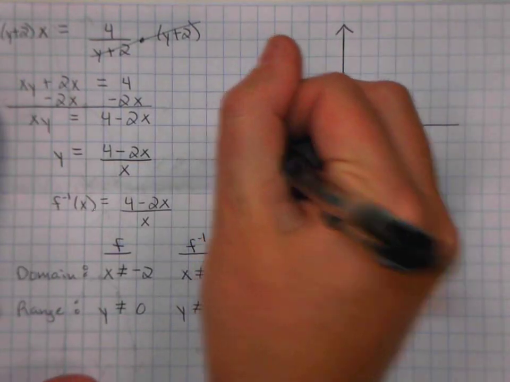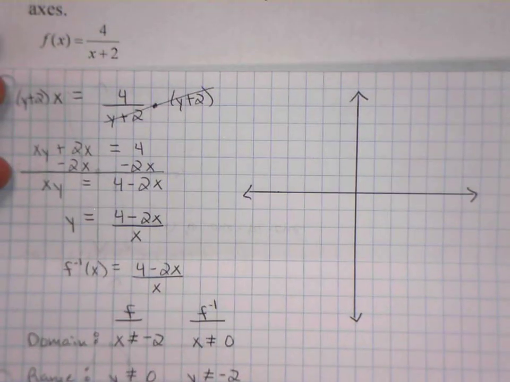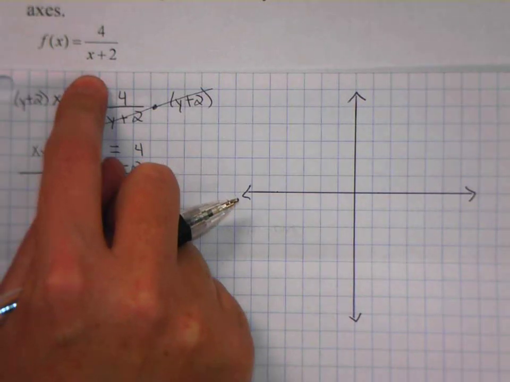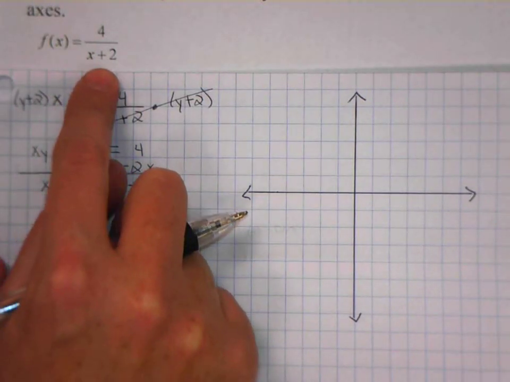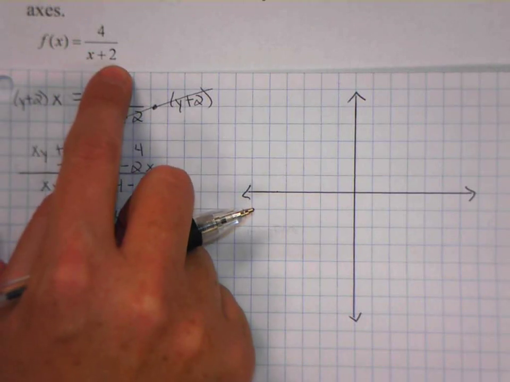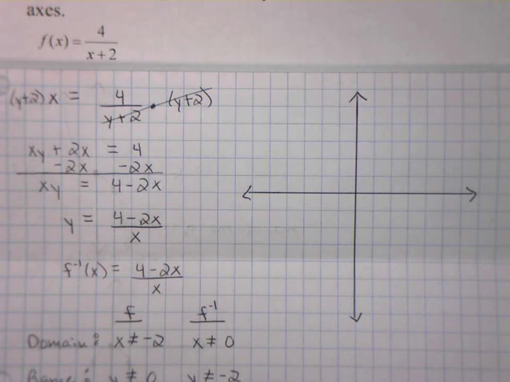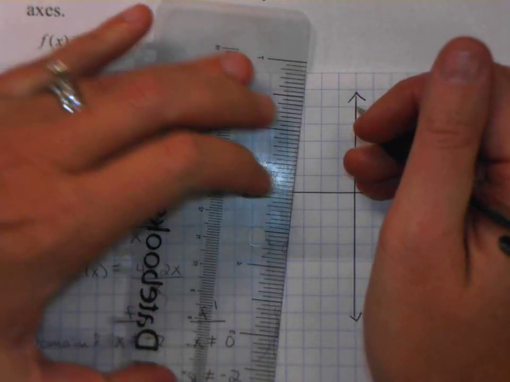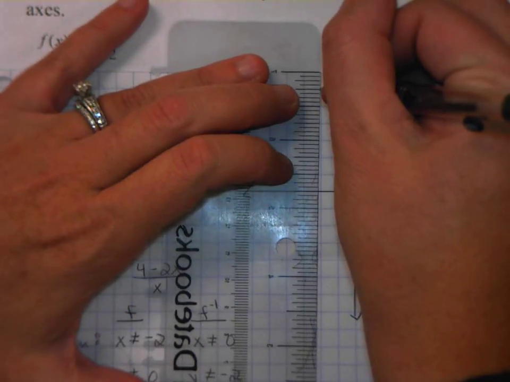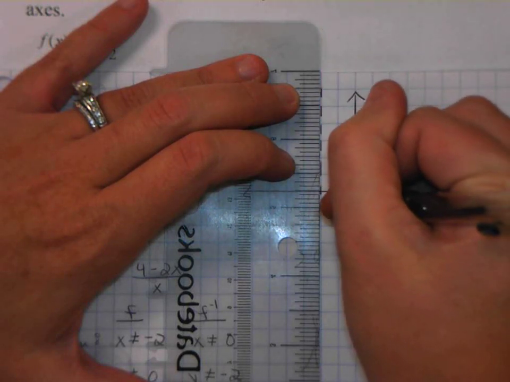So if I think about graphing f of x, my original function, this would be the reciprocal graph shifted to the left 2, because the plus 2 is in the denominator. It means I would have a vertical asymptote when x equals negative 2, which makes sense since I said in my domain that x cannot equal negative 2. So hopefully that would make sense that there would be a vertical asymptote there.